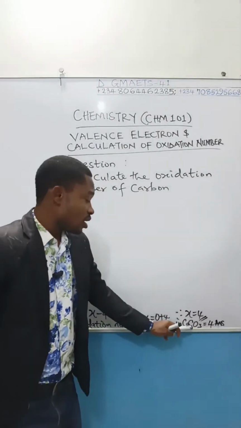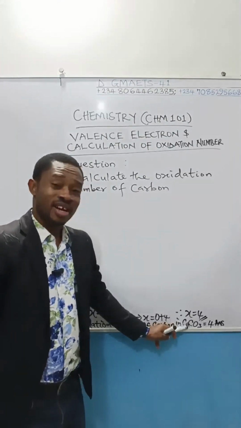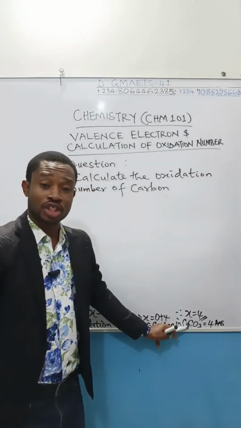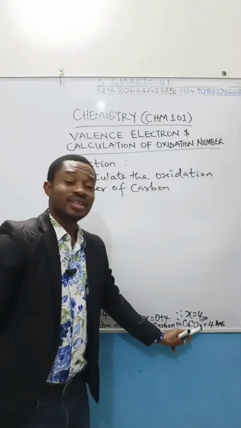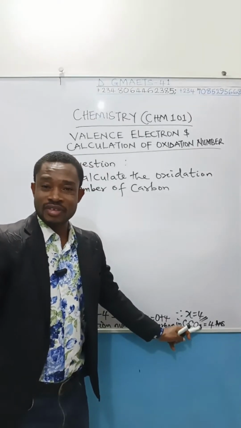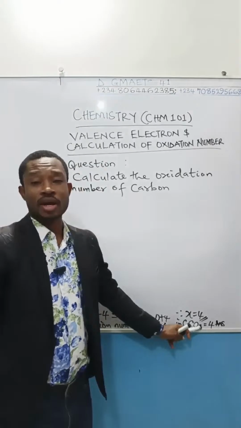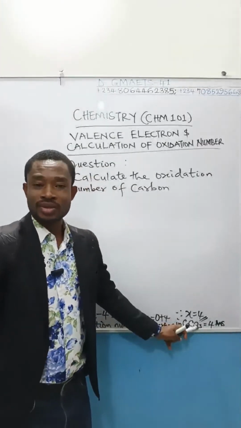That is why if you are pronouncing this compound, CaCO3, you start with the first element, pronounce it fully, which is calcium. Go to the last element, pronounce its atomicity using the Latin representation of that number. 3 here is tri. You come to this oxygen, you pronounce it oxo.